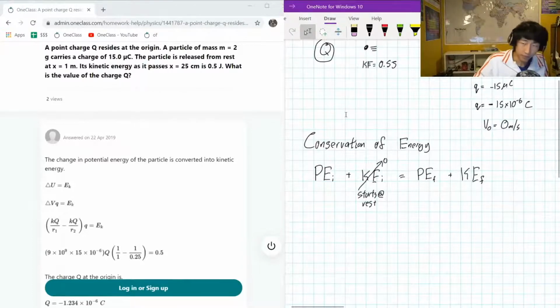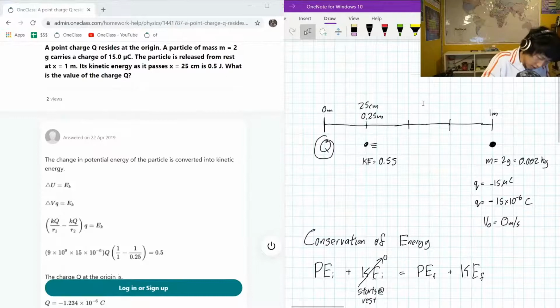So let's call this Rf and this Ri, for our final distance and our initial distance.